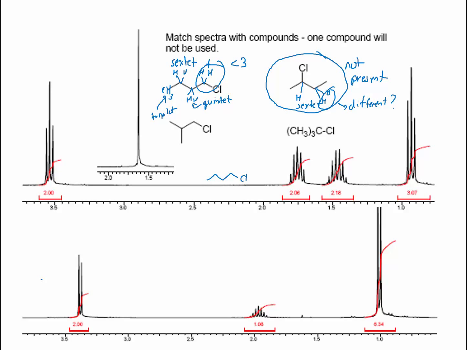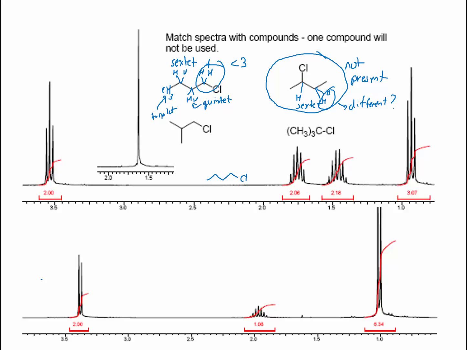This has to do with the fact that they're technically not equivalent protons because of the adjacent chiral center. However, that's a complication that in the examples that I look at, I'm going to try to eliminate systems that have that because, again, we sort of have to respect that this is one chapter in a course or 2 courses that cover like 26 chapters. So we can't go into every nuance of NMR spectroscopy in one course.